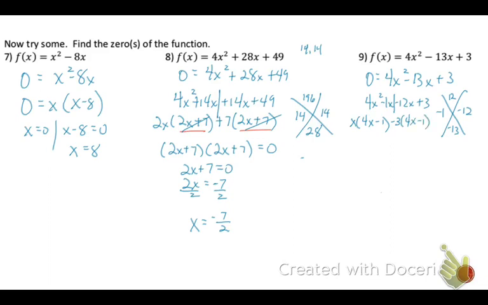Now look for that common expression, 4x minus 1, and that gets factored to the front. What we have left is x minus 3. And that, remember, we are solving, so we set those equal to 0. 4x minus 1 equals 0, and x minus 3 equals 0. So we can add the 1 and divide by 4, x equals 1/4, and x equals 3.